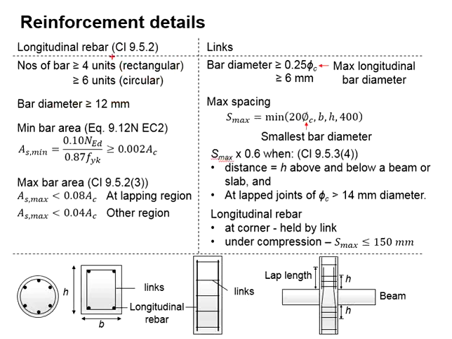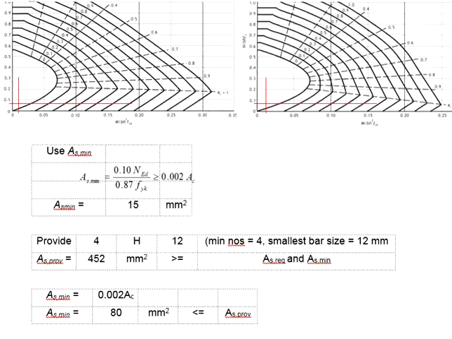This is applicable for rectangular column. And then, for practical considerations, the bar diameter should be at least 12 mm. Therefore, bare minimum, you will need to provide 4 H12 for this column. The total bar area will be 452 mm square.